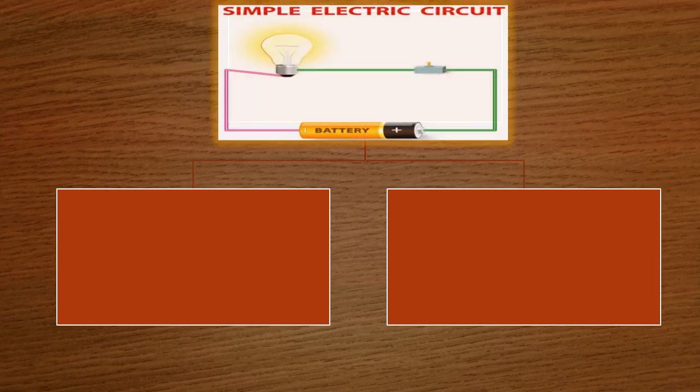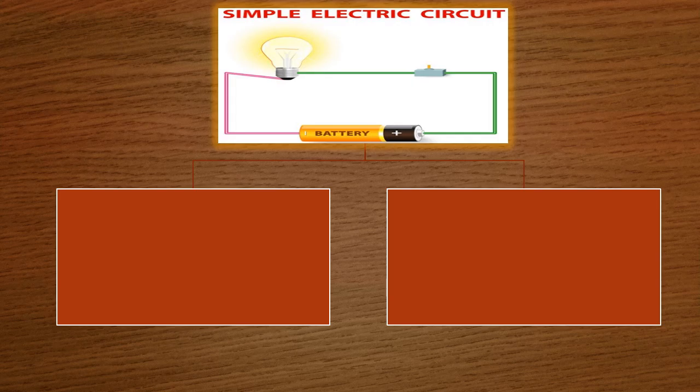We have come to know about the types of current, but now we are going to know about the types of circuits. Before knowing the types, we have to know what a circuit is. This is a circuit. It is a very simple electric circuit.